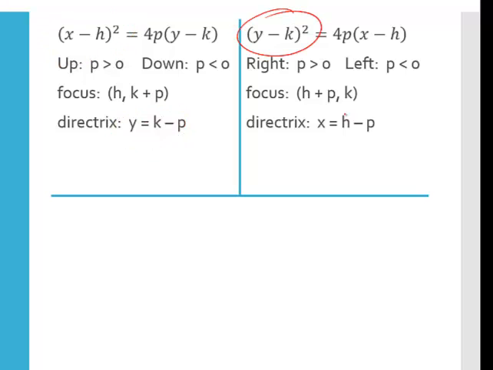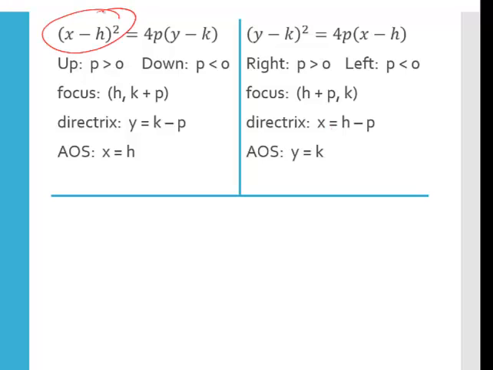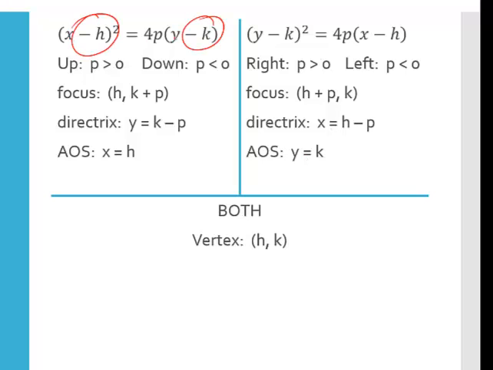Whenever y is squared, it's going to be x equals h minus p. Our axis of symmetry, whenever x is squared, is simply x equals h. And whenever y is squared, it's simply y equals k. Now for both equations, our vertex will always be h, k. Take the opposite of what you're given. So if you have x minus 1 and y minus 2... your vertex is going to be 1, 2.